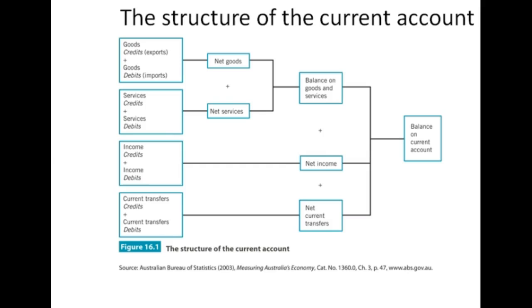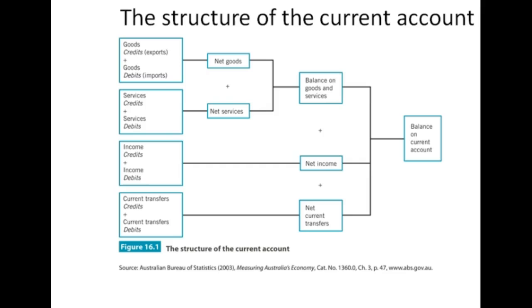In the net primary income account, the credit, or inflow of income, and the outflow of income give us the net income. And then we have the current transfer credit and current transfer debit, which give us the net current transfer.